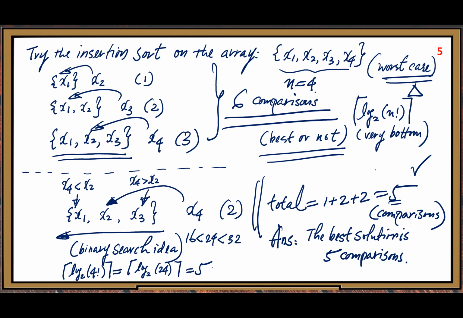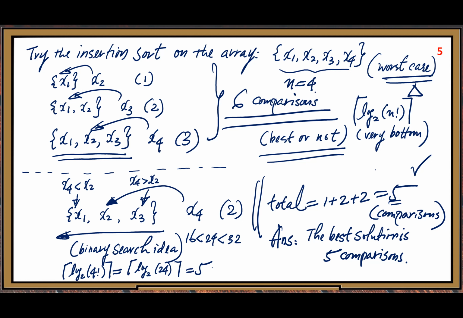You cannot do better than 5. If you reach 5, that's the best you can get. You cannot get 1 fewer than this lower bound number 5. So 4 is impossible.